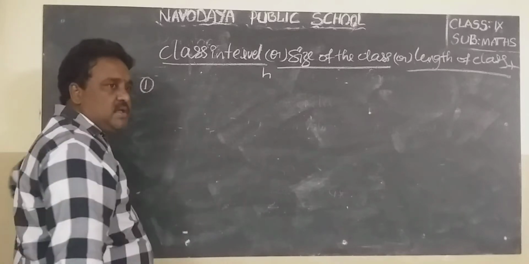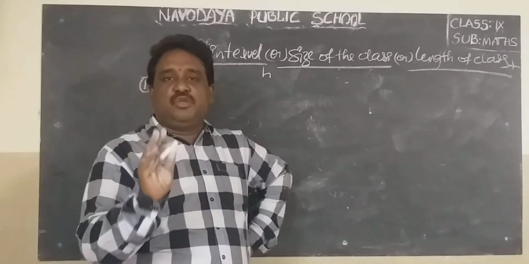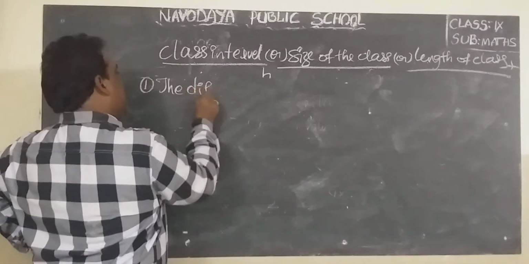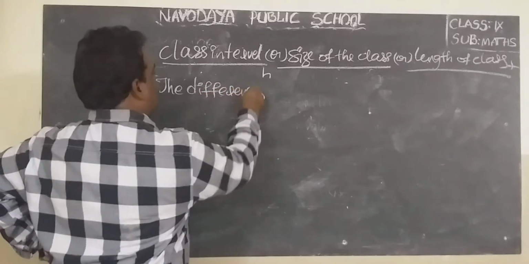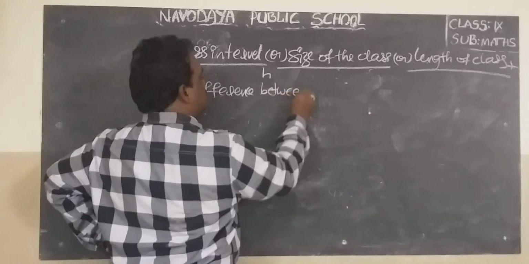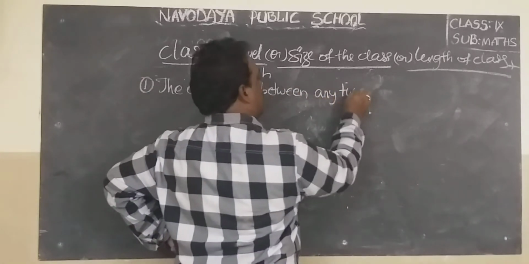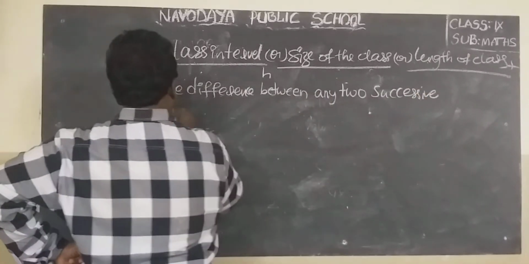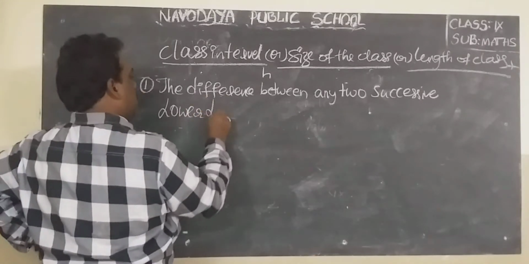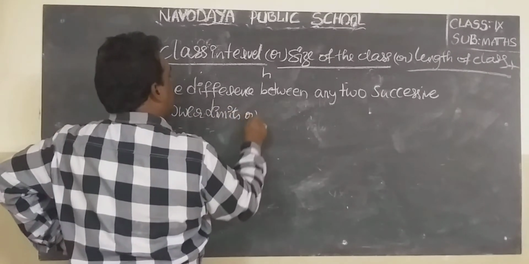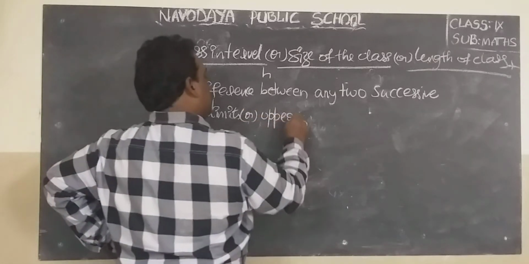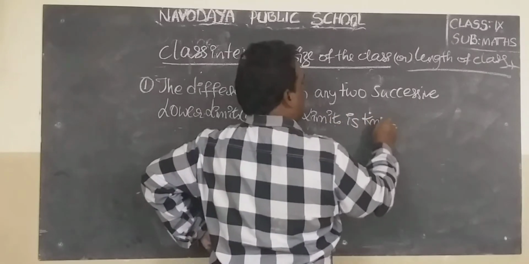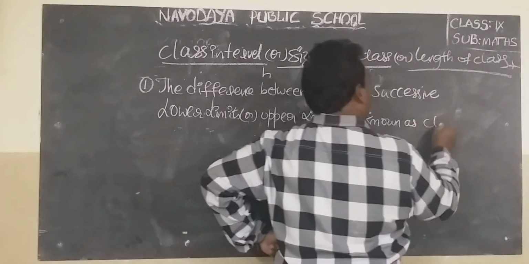Definition: the difference between any two successive lower limits or upper limits is known as class interval.